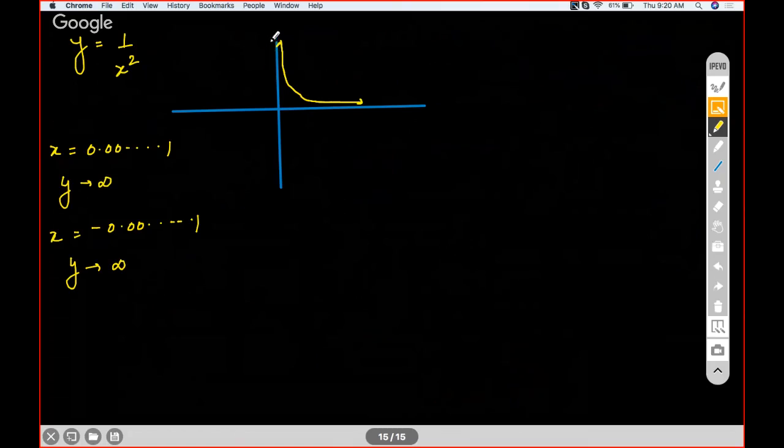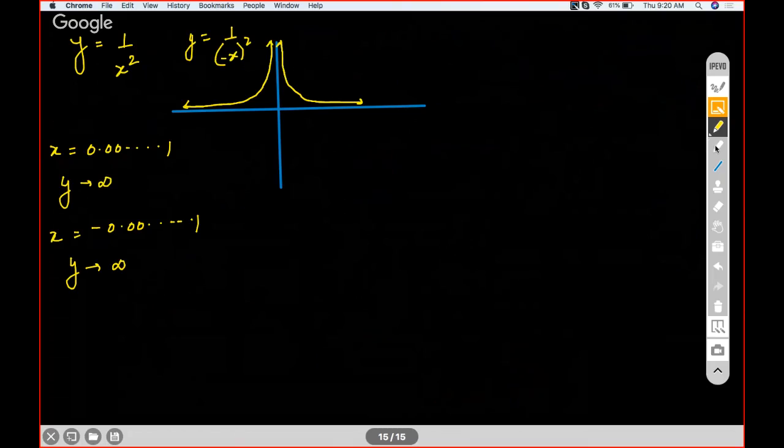It's very obvious that this curve will be symmetrical about the y-axis because the power on x is even. So even if you do y is equal to 1 by (negative x) whole square, the graph doesn't change. So reflecting about the y-axis doesn't change the figure.